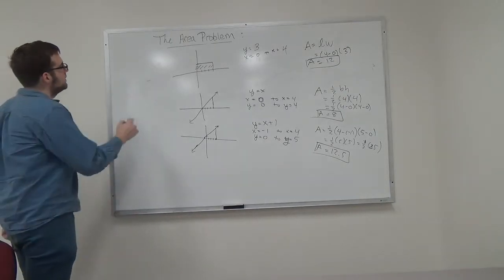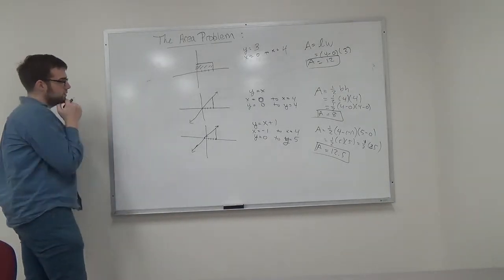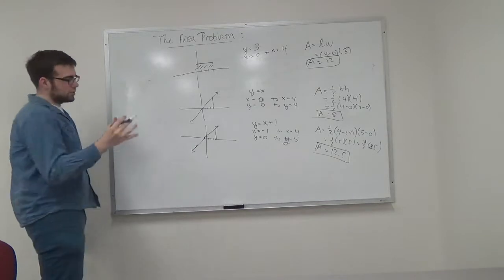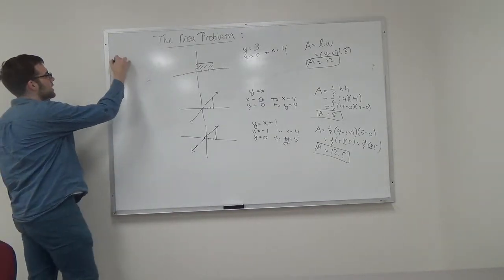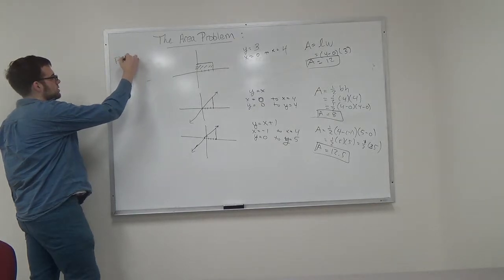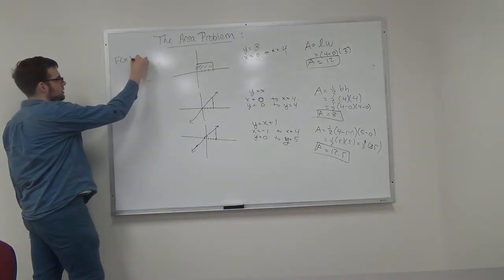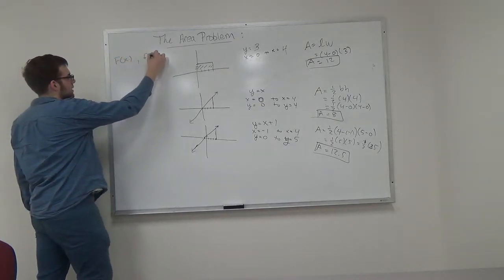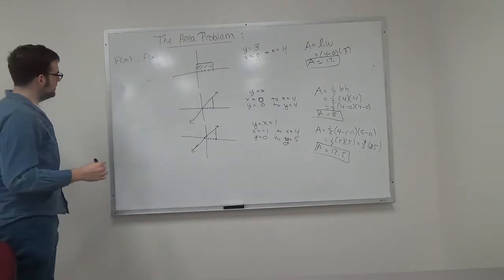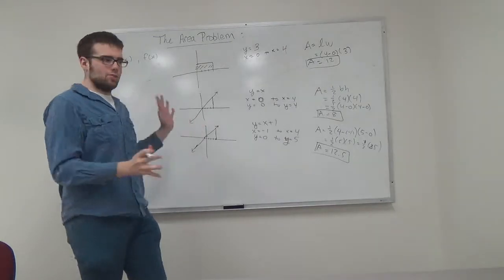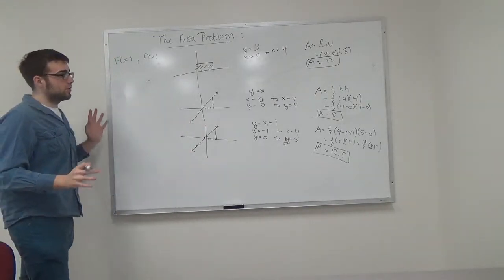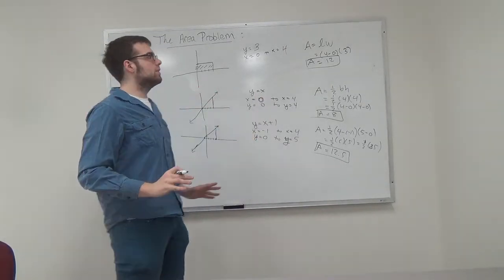Okay, so let's start with this function. Well, actually, let's first define a few terms. So we have two functions, big F and little f of x. Right now this is just a hand-waving argument, and we're going to see this later on.